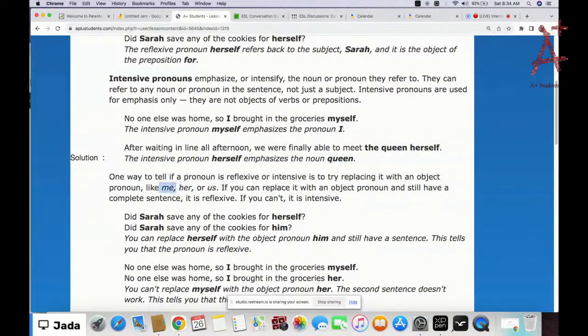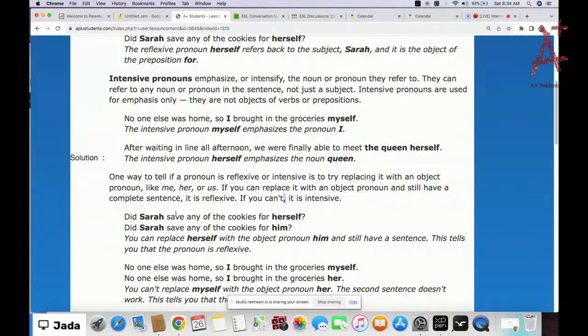If you can replace it with an object pronoun and still have a complete sentence, it is reflexive. If you can't, it is intensive.